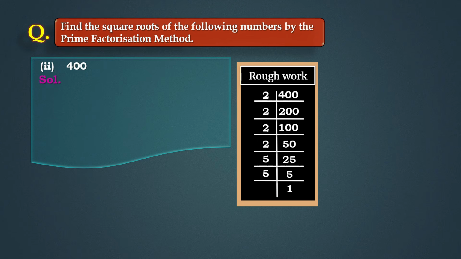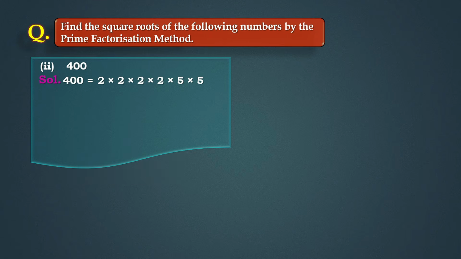So, we can write 400 as 2 multiplied by 2, multiplied by 2, multiplied by 2, multiplied by 5, multiplied by 5. Now, let us make pairs of the same numbers. We can form pairs of 2s and a pair of 5s. Next, take one number from each pair.